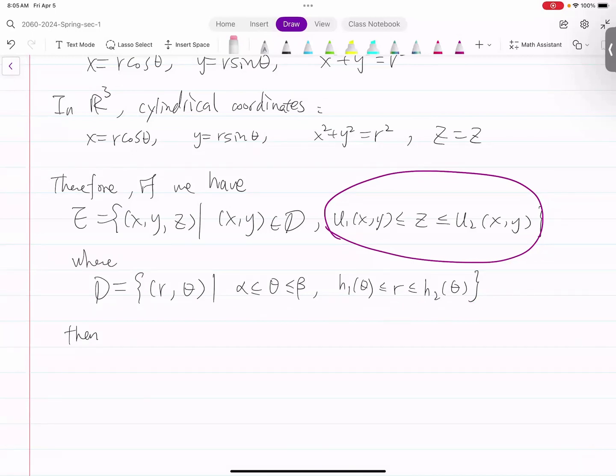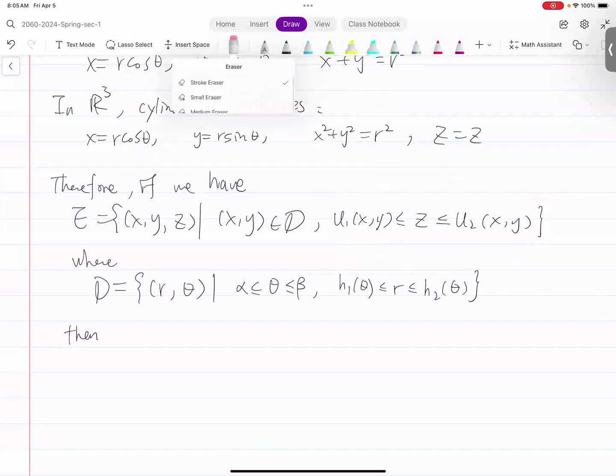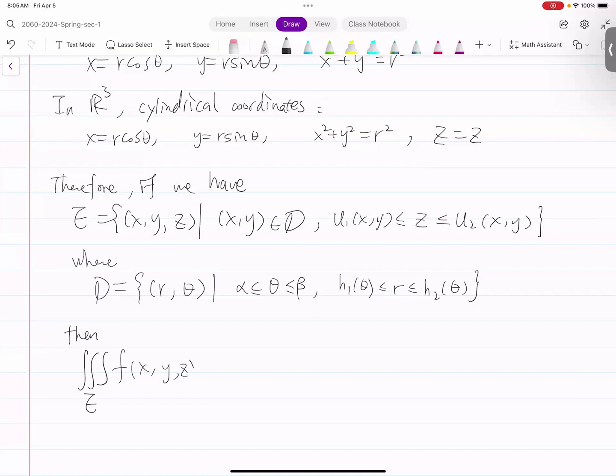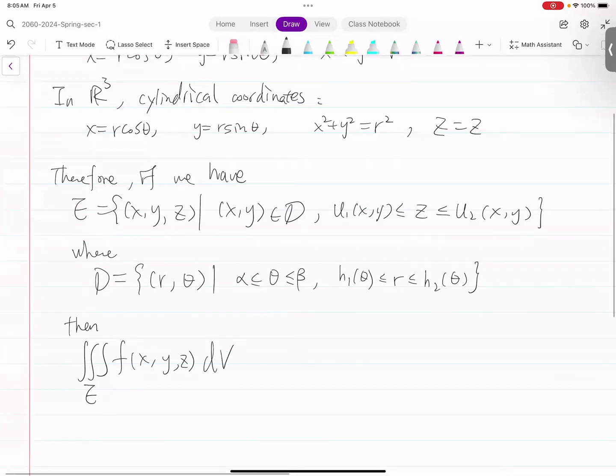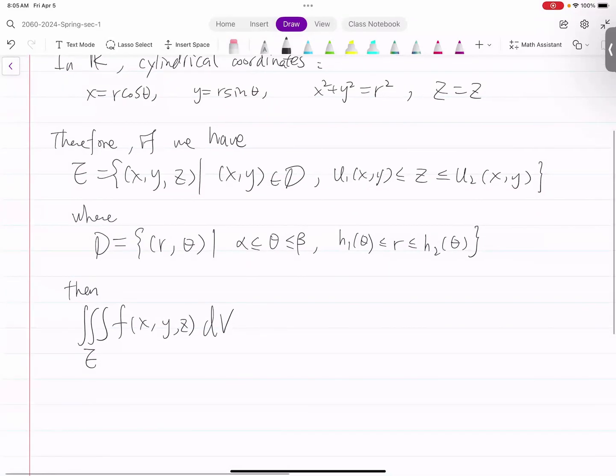So we just need to take these into consideration. The triple integral over the solid E of function f of x, y, z, dV. Once again, we just translate x and y accordingly. And we need to notice that dV is going to be dA times dz. There's a formula for that dA, so let's describe it.